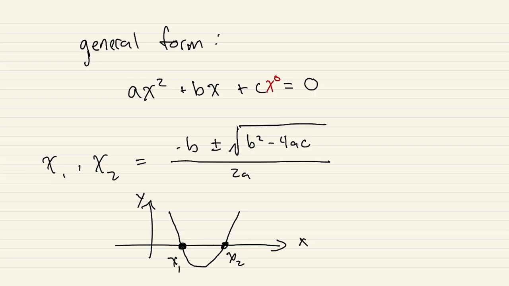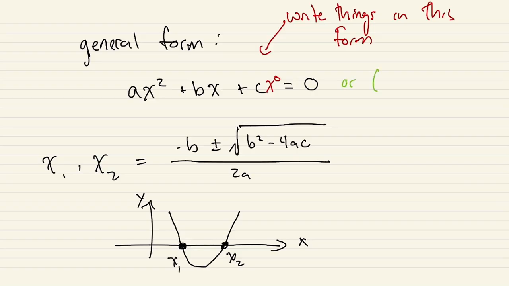So in general, we want to move things or write things in this form. If it's factorable, you can also say that each root is equal to what the factor is, right? So you can factor quadratic equations. I'll put it over here.